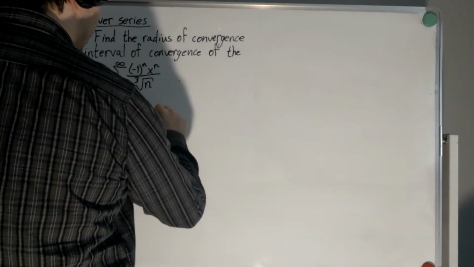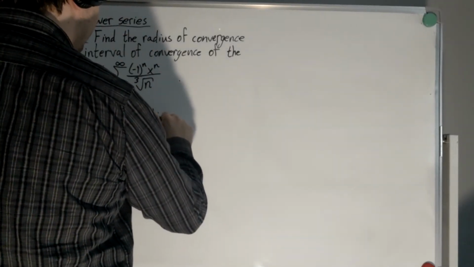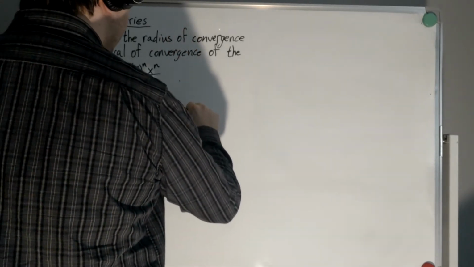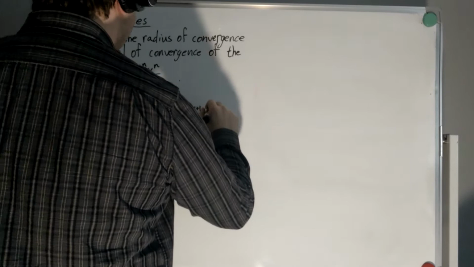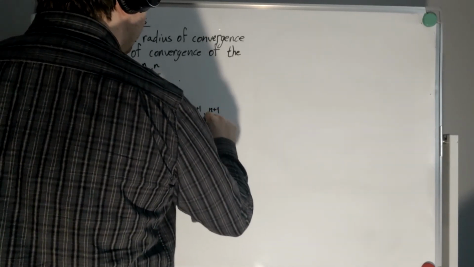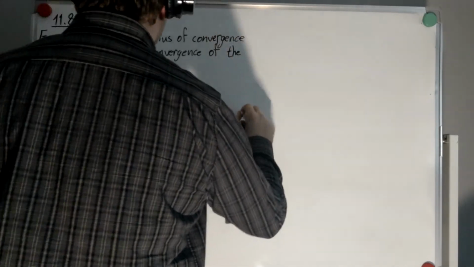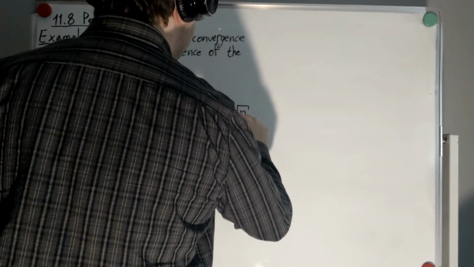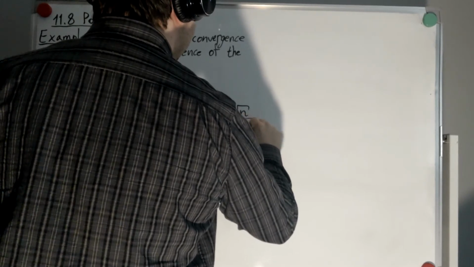So this is just the limit as n approaches infinity of the absolute value of (-1)^(n+1) x^(n+1) divided by the square root of n+1, times the square root of n, divided by (-1)^n x^n.